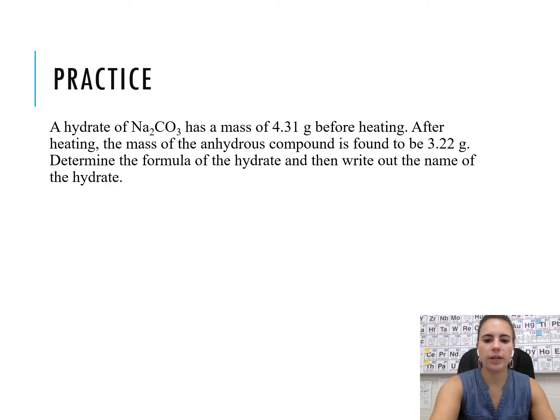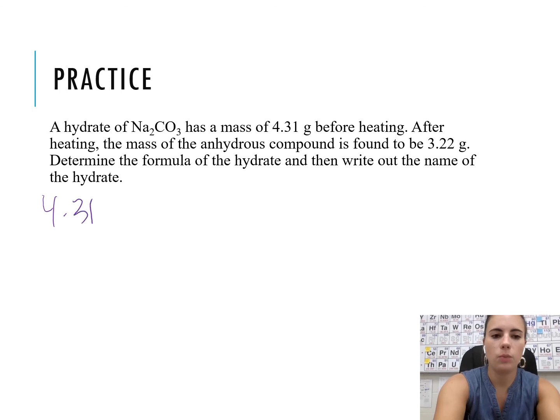So let's do one hydrate practice. A hydrate of sodium carbonate has a mass of 4.31 grams before heating. So that means like in your little sample, it weighed 4.31 grams. After you heated it and all the water was evaporated off, the anhydrous, meaning no water, is found to be 3.22 grams. Determine the formula and write out the name. Okay, so my original sample had a mass of 4.31 grams.